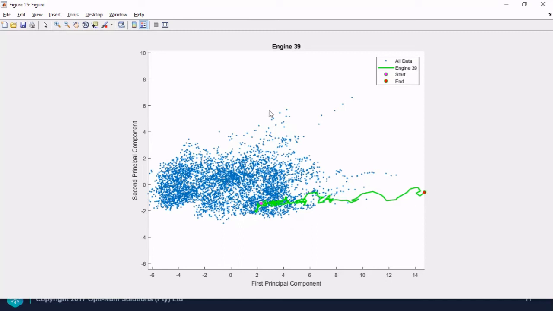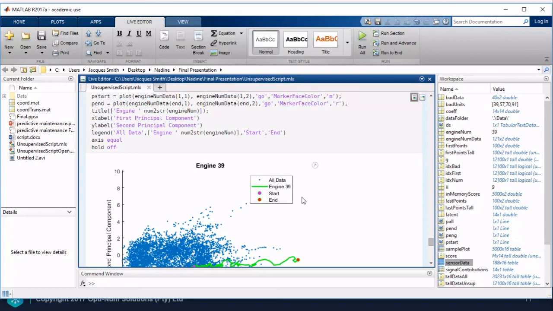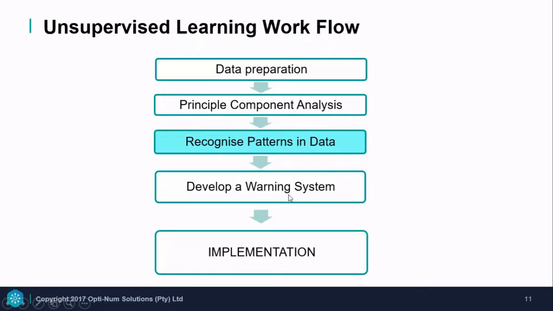So our estimation is that this region indicates normal conditions. Data points in this region might indicate that problems are starting to occur, and data points that lie very far out are an indication that maintenance is soon required and that there is a likelihood of failure occurring. Now, these are our estimations for the patterns we see in the data.